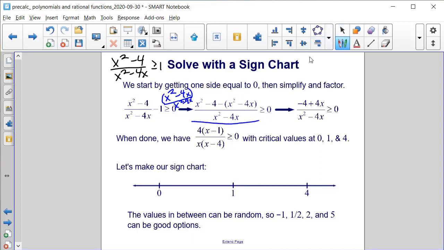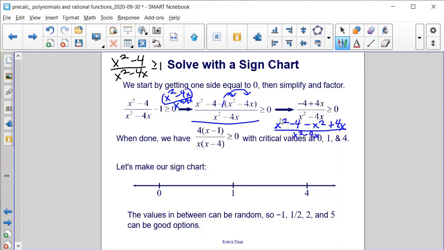Then if we distribute the negative 1 that's outside of these parentheses into both terms, we're going to end up having x squared minus 4 minus x squared plus 4x. Make sure that when you distribute this negative 1 through, the sign changes there. And then all over the denominator x squared minus 4x.